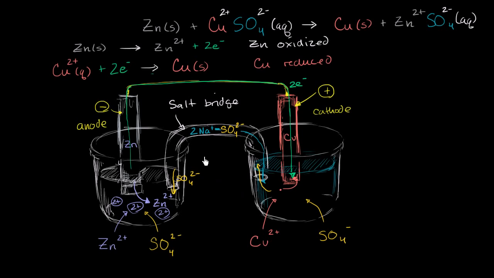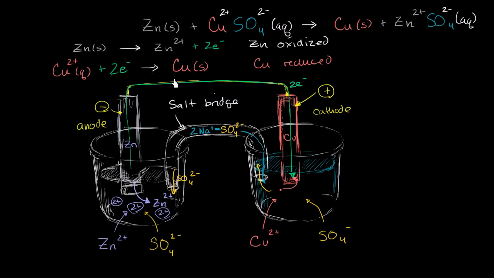But all of that has been standardized, and you can actually look up standard electrode potentials. I encourage you to do a web search for standard electrode potentials, and you'll see a bunch of voltages for different ions. It's essentially a measure, all relative to hydrogen, of how much this ion wants to grab its electrons.